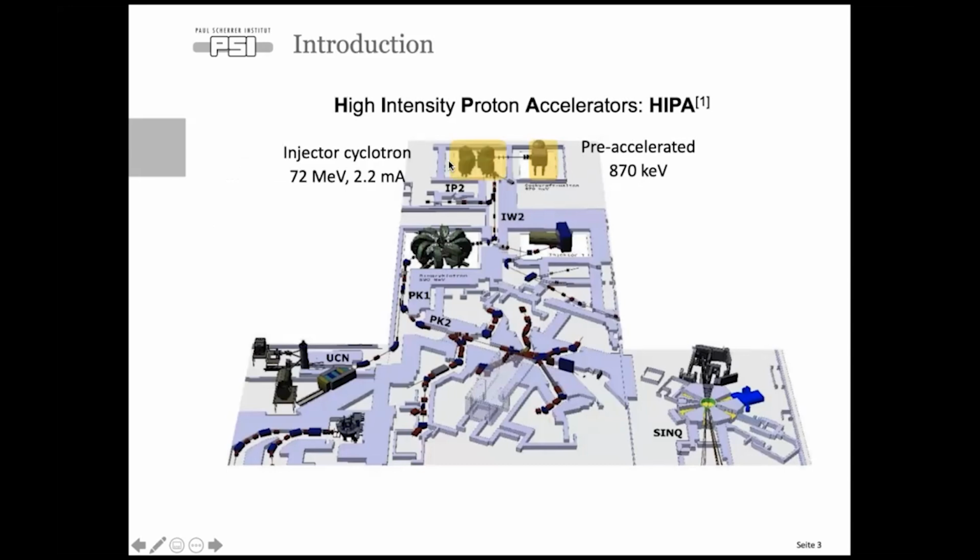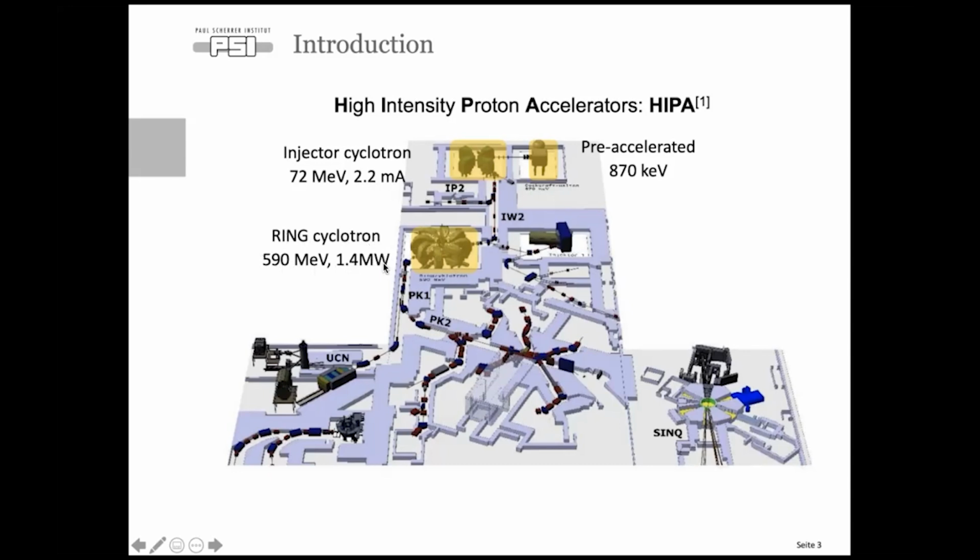And then in this Injector 2, it gets accelerated again to 72 MeV, and we get the current of 2.2 milliampere. After that, the beam gets accelerated to its final kinetic energy in this ring cyclotron, which has 590 MeV and with the power of 1.4 megawatts.